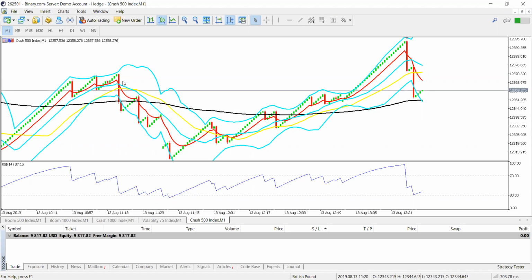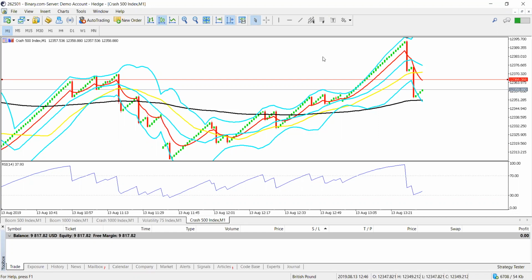And then the other way is to sell using resistance here. You draw a line, and then each time it approaches this line, you put a sell, and then it crashes. You put a sell, and then it crashes. Okay?